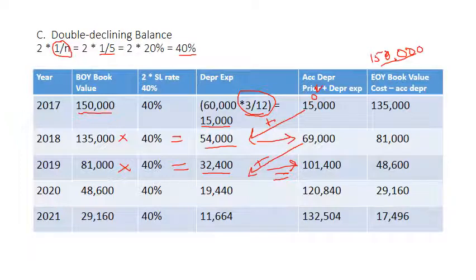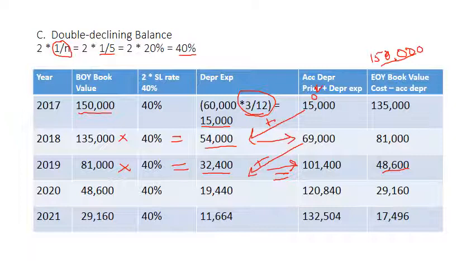And then if you change the sign on this to a negative and add 150,000, that gives you the ending value of $48,600. That becomes the next year's beginning book value, which you multiply by 40% to give you depreciation expense.